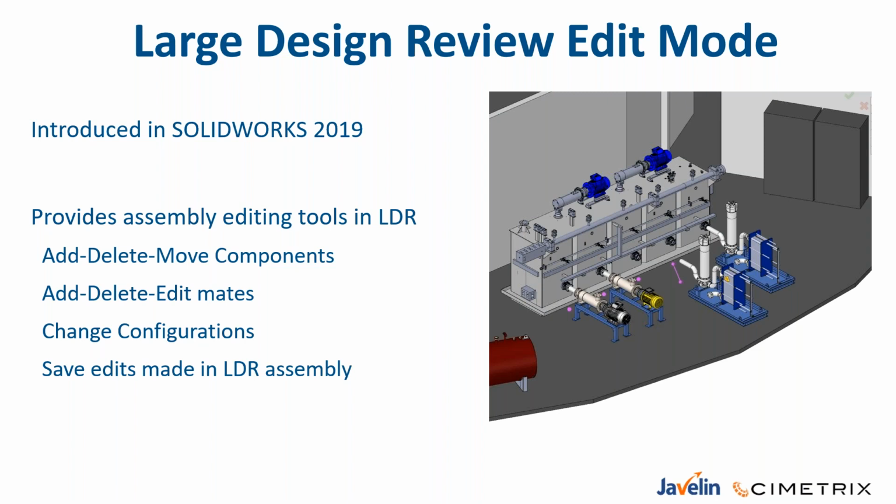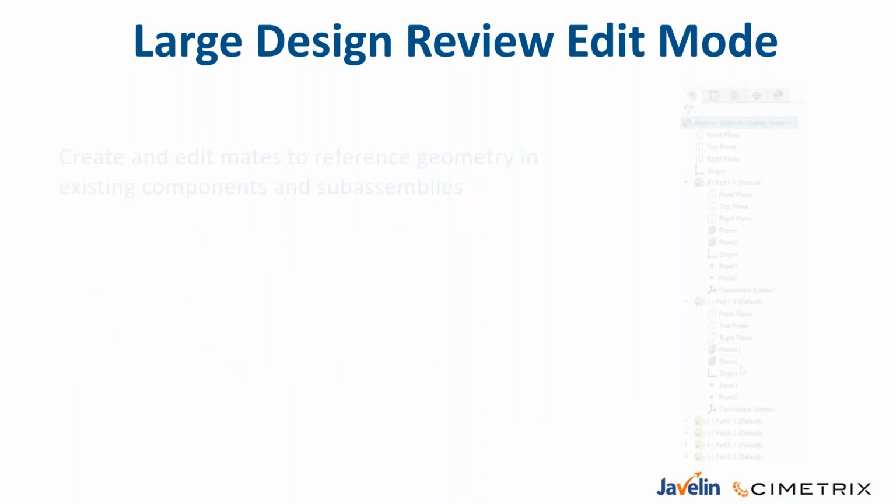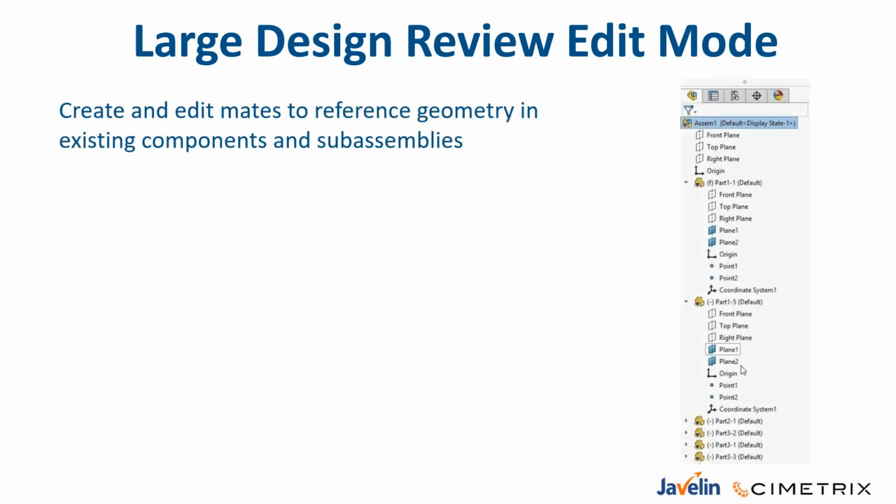Now in SOLIDWORKS 2020, we have a couple of nice new enhancements to this. So previously, we only had access to reference geometry that existed in our top level assembly. So if you're looking at that image on the right side of your screen, we would have only had access to the front, top, right, and origin in assembly 1.